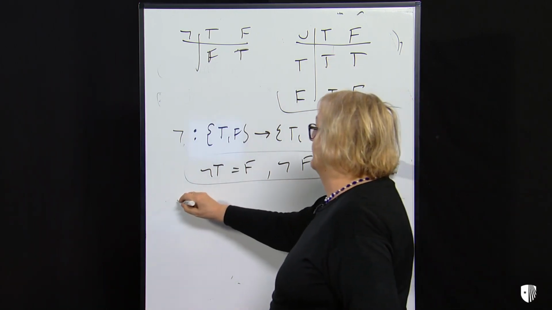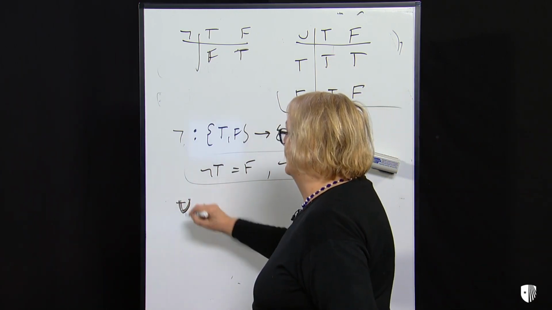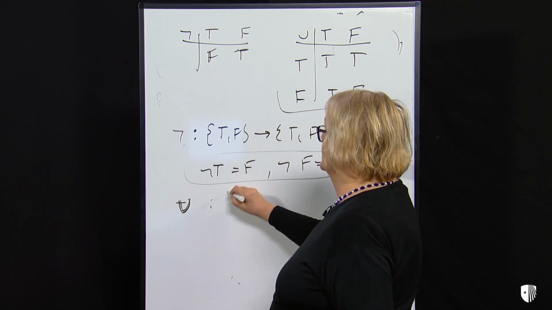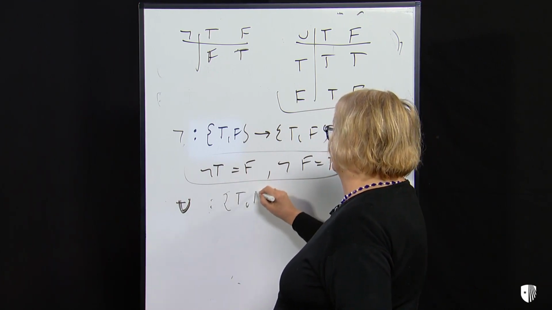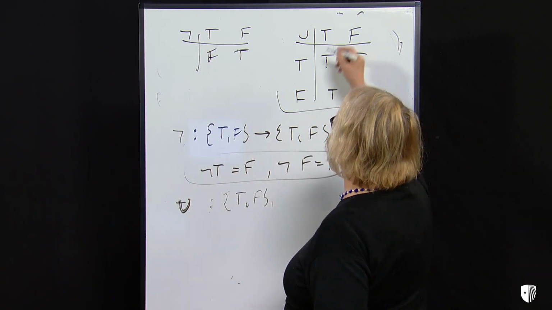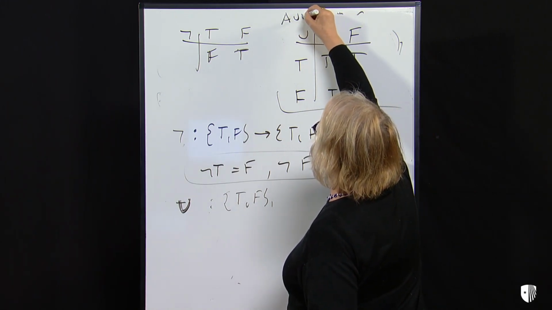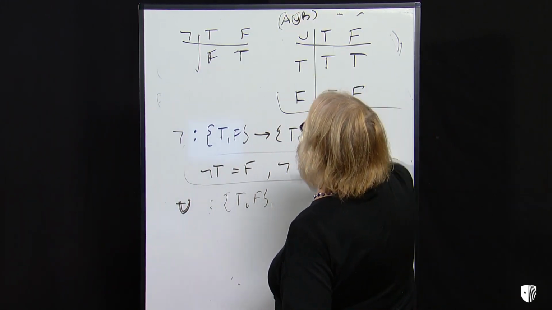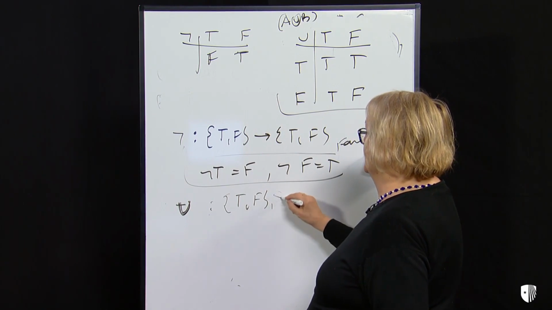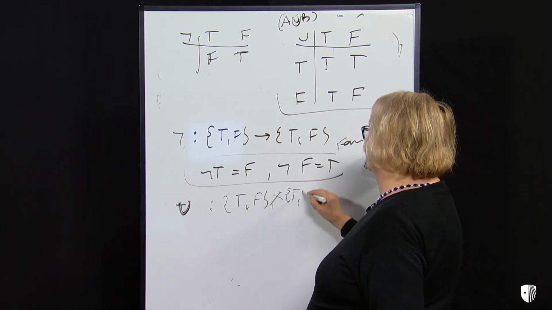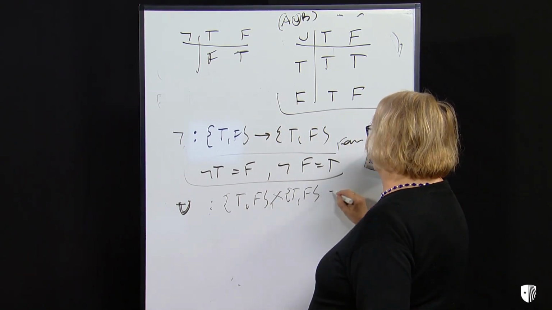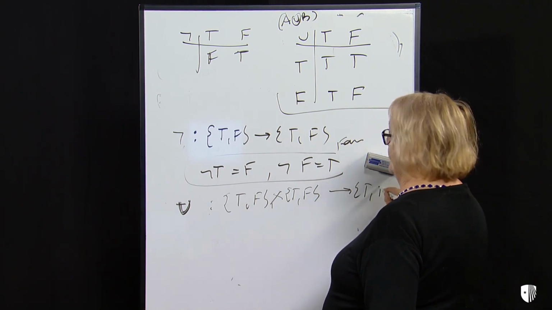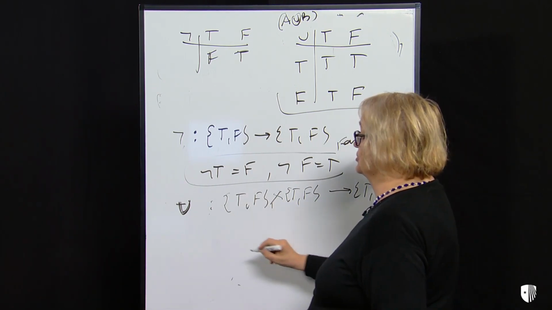And disjunction takes two values, because you have a formula a, b, right? So it takes the Cartesian product of {t, f} and returns one element.